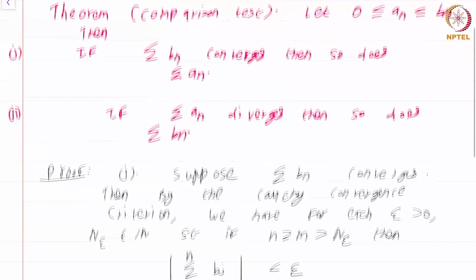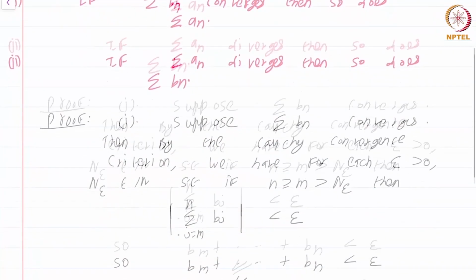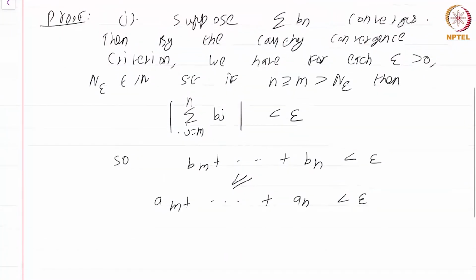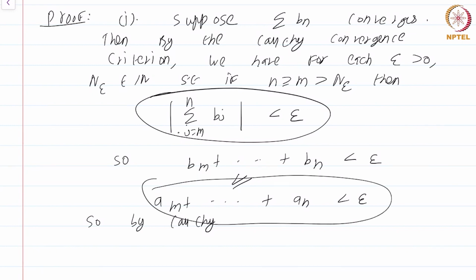That's our hypothesis: 0 less than or equal to an less than or equal to bn. So by the Cauchy convergence criterion, again remember the Cauchy convergence criterion is an if and only if condition. If a series is convergent, then this must happen. If this happens, then the series is convergent. So by the Cauchy convergence criterion, we are done.